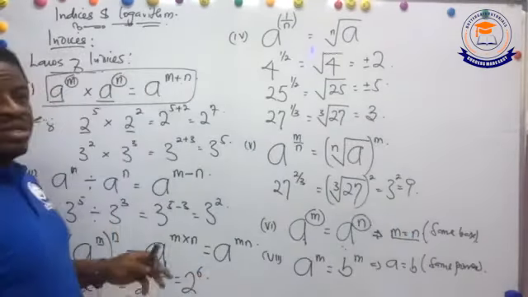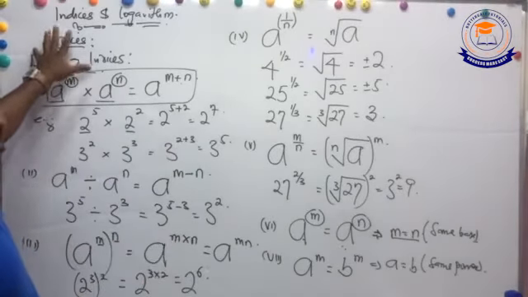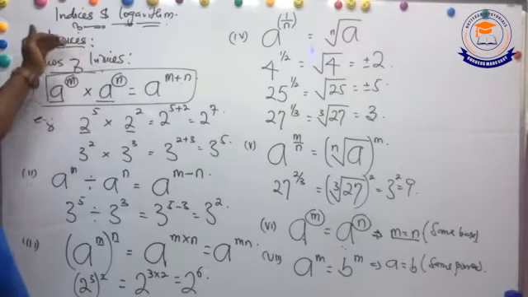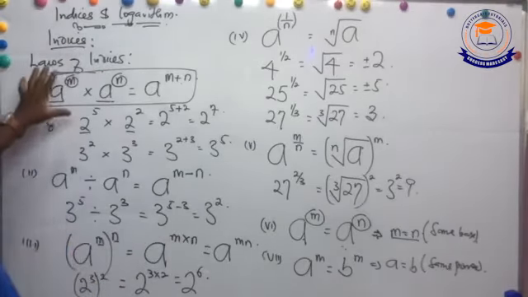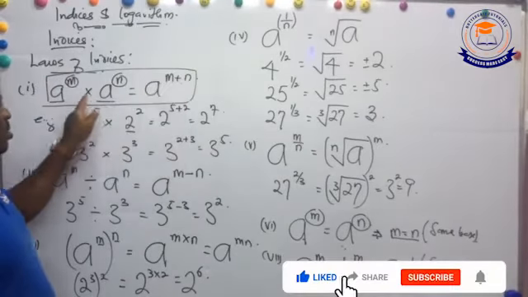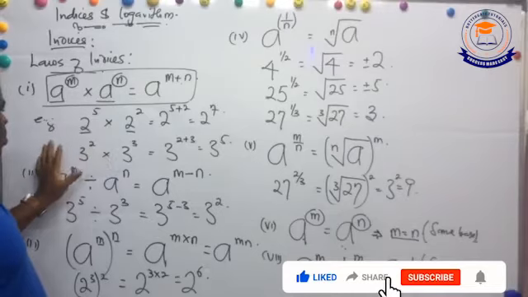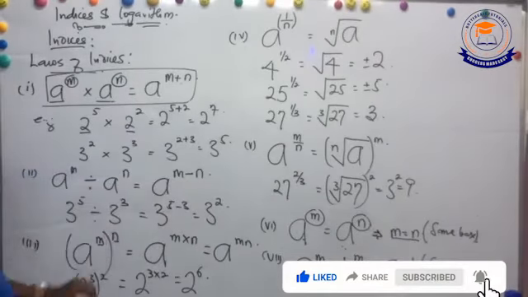So please, in summary, this is indices. And in indices, we have the 7 laws, which I've explained. When you are multiplying, you add, when the bases are the same. When you are dividing, you subtract, when the bases are the same.